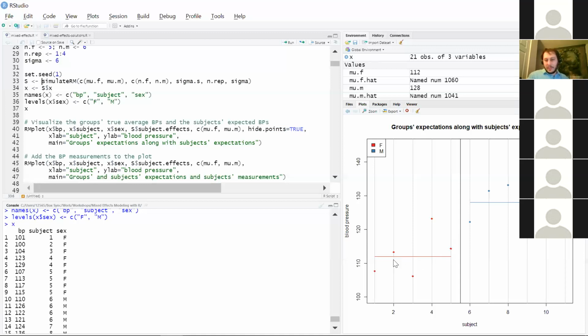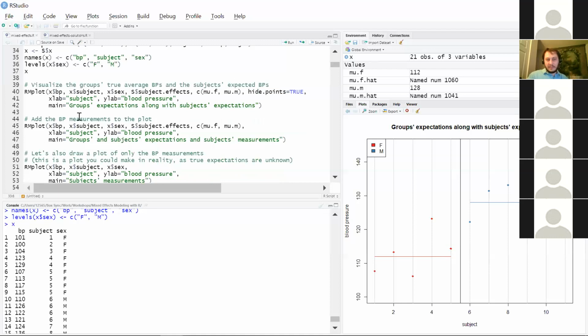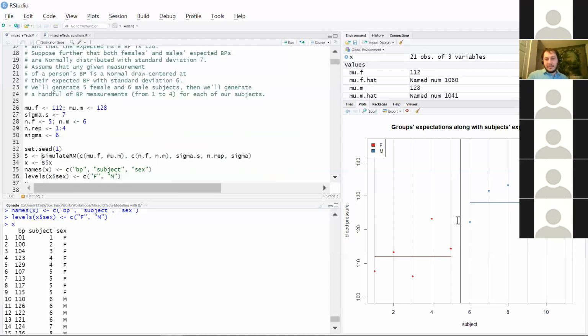There's the female blood pressure expectation and the individual subjects' baseline blood pressures that you will not see in a data set. And then here's the male baseline blood pressure. Remember, these I defined up here. And then simulate RM drew some individuals.